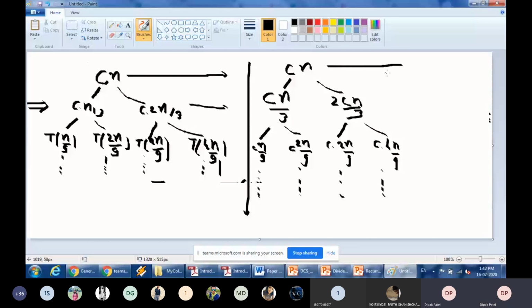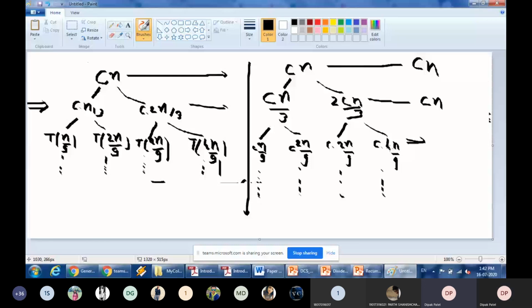So the cost at this level is Cn. The cost at this level is Cn by 3 plus 2Cn by 3, so 3Cn by 3, which is again Cn. Again, we need to add the cost at this level: 4n, 2n, 6n, 8n, so 9n by 9, so again it's Cn.